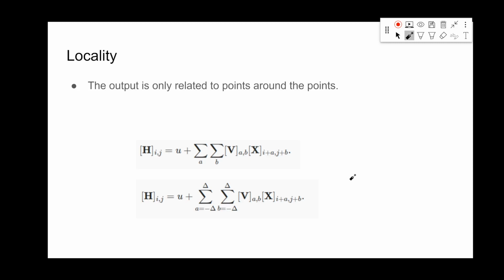One pixel in the top left corner has very low probability of being related to a pixel in the bottom right corner. We only need to care about the pixels around it, because those pixels will be used to define a feature, for example, a line or a circle or a dot.